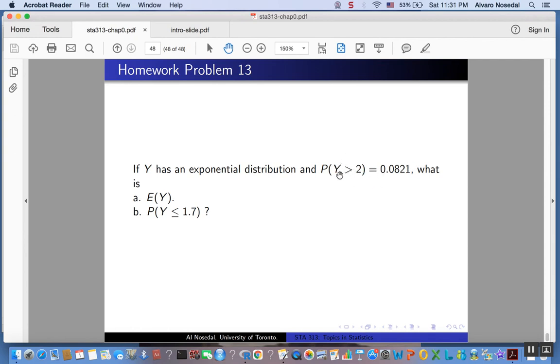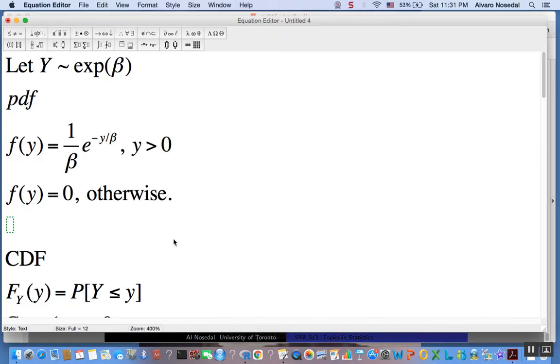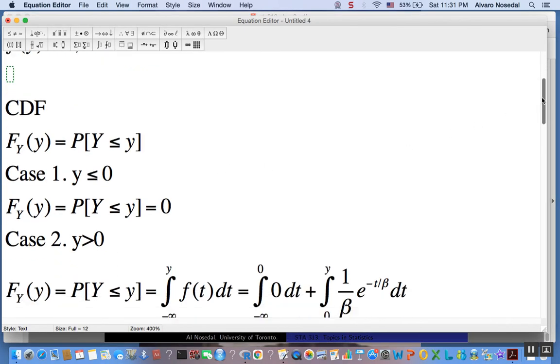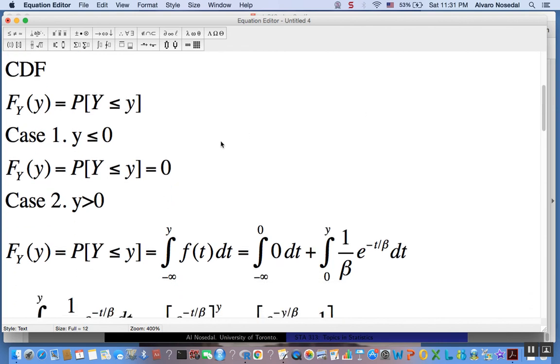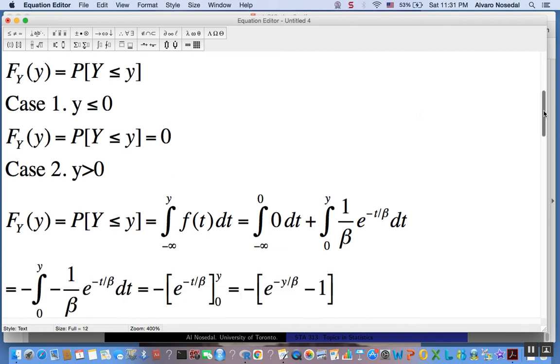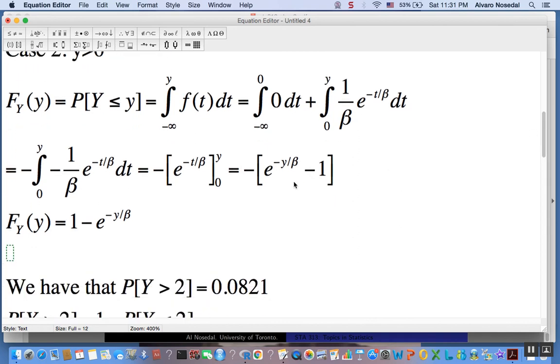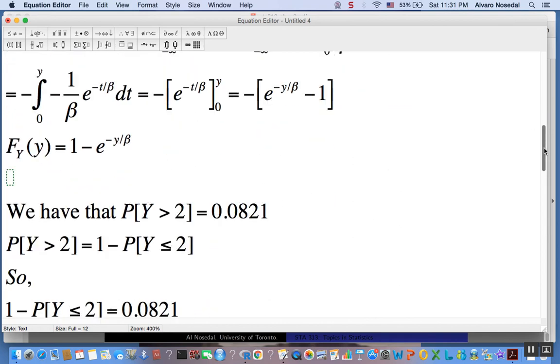So what we realized is that we could relate that probability to the CDF. What we did first is we found an expression for a generic random variable with exponential distribution and parameter beta. We used it to obtain beta.